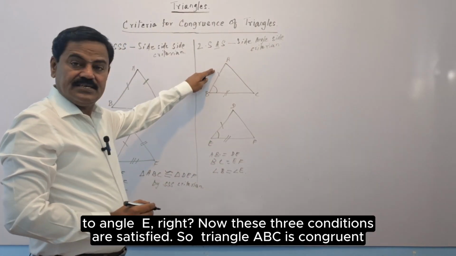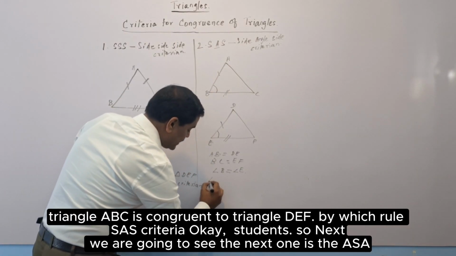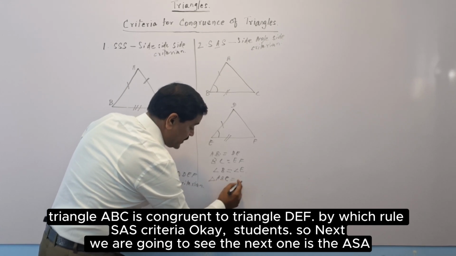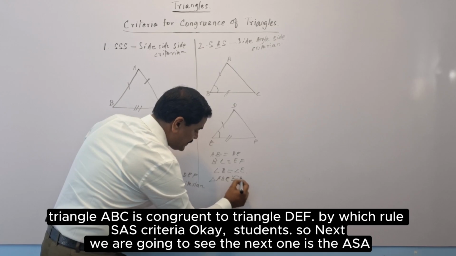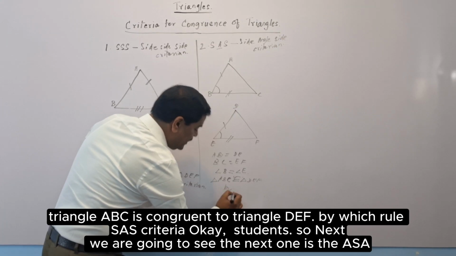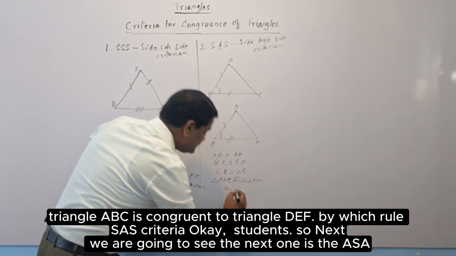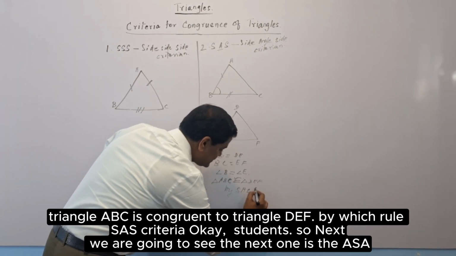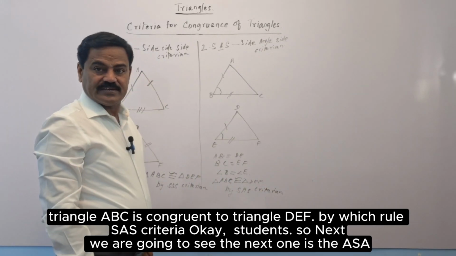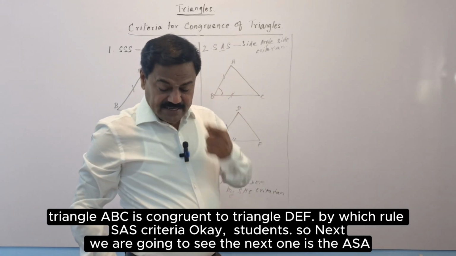So triangle ABC is congruent to triangle DEF by which rule? By SAS criterion. Clear, students? Next we are going to see the next one.